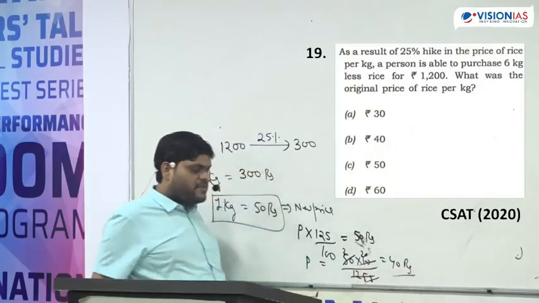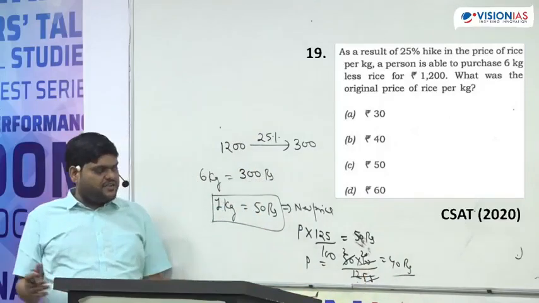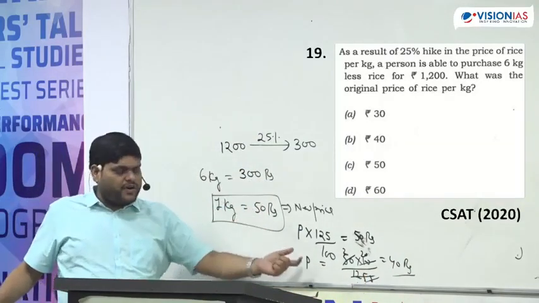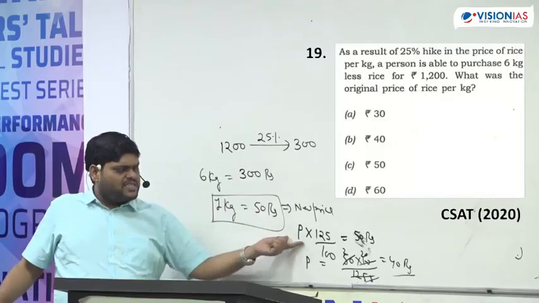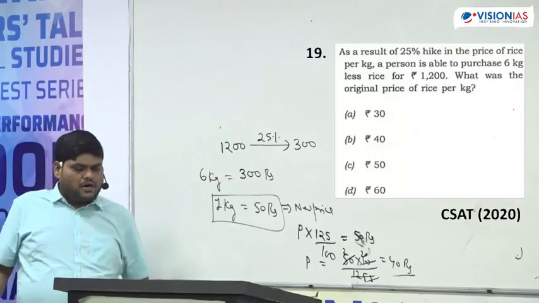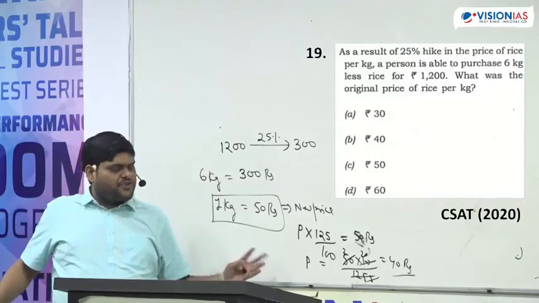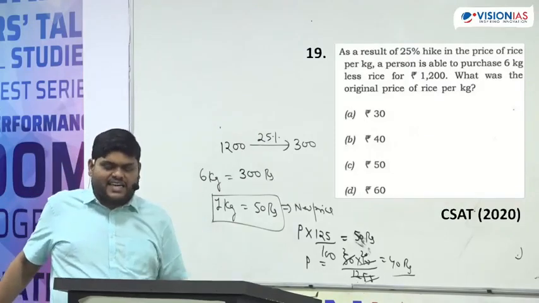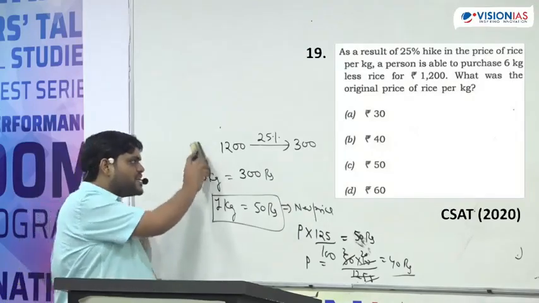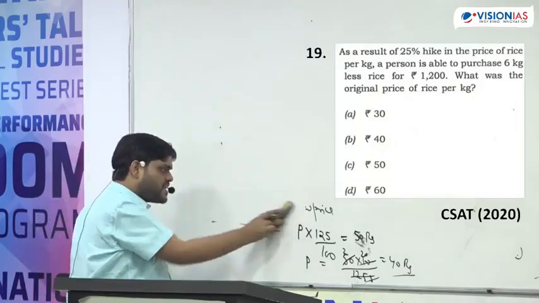The answer will be 40 rupees. If you are able to understand this second way, we can do it without pen and pencil. This calculation part you can do. Apart from this, we can also solve by the traditional method. That also won't take much time.